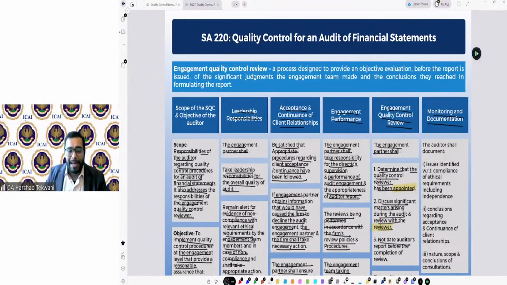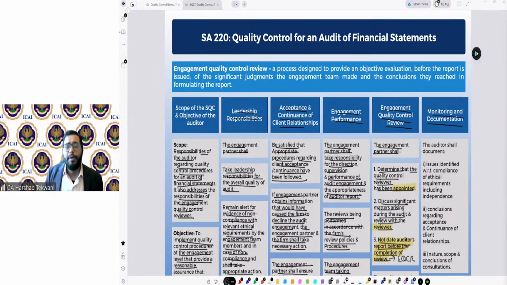Third, not date the auditor's report before the completion of the review. Very important. So you are not required to date the audit report before completion of the review, and when I say review, it's the engagement quality control review. You are not supposed to issue the audit report until the engagement quality control review is complete.